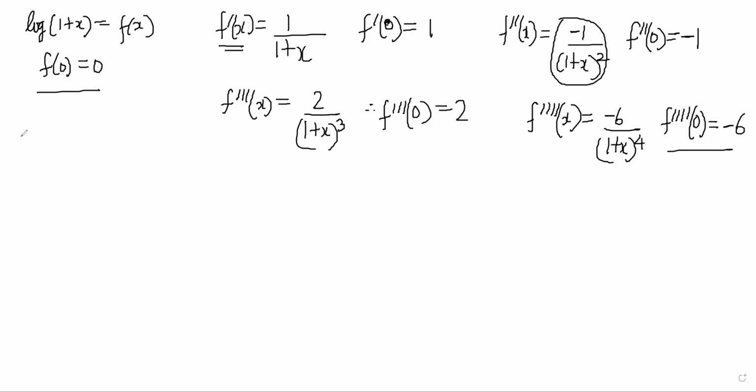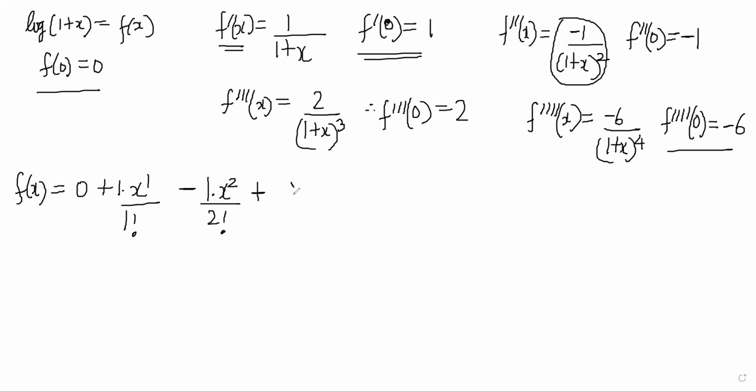So now if I write the function f(x) is equal to f of 0, which is 0, plus f dash 0, so 1 into x power 1 by 1 factorial, plus f double dash 0, so minus 1 into x square by 2 factorial, plus f triple dash 0 is 2, x cube by 3 factorial, plus then minus 6 x to the 4 by 4 factorial and so on, right?